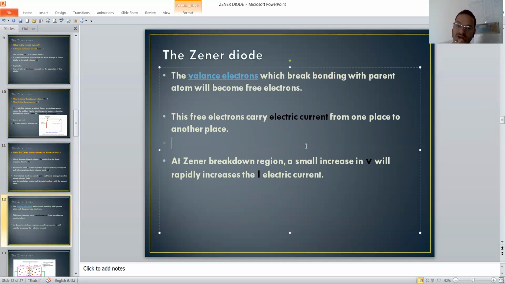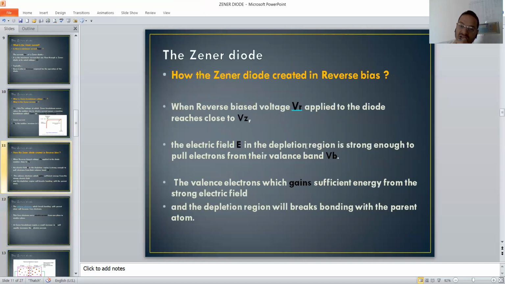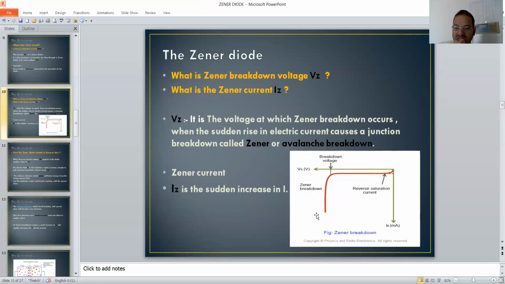At the Zener breakdown voltage VZ, a small increase in voltage will rapidly increase the electric current, like in the previous image. By adding a simple amount of voltage, from this result to this result, we are dealing with a suddenly increasing current.